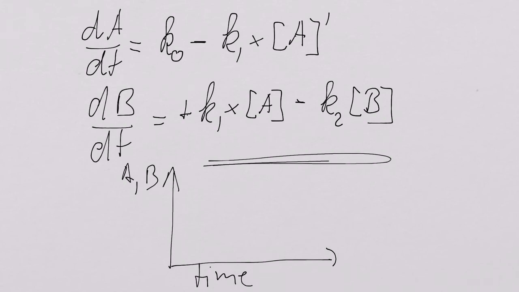So that's A. A would go down, but it would not go down completely because it's constantly delivered into the system through this K0. Yeah? What would happen to B?